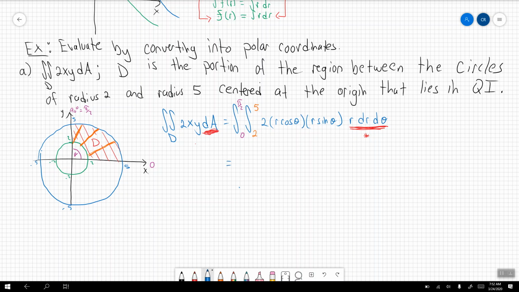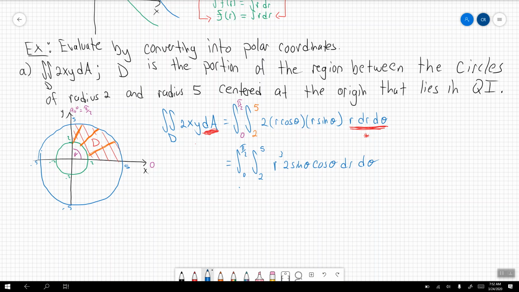Now before I integrate, I don't want to jump into integration right away. I want to sit back and look at what I have. I have r cubed multiplied by 2 sine theta cosine theta, and that's going to be dr d theta.